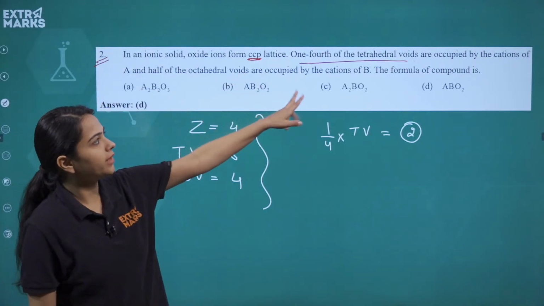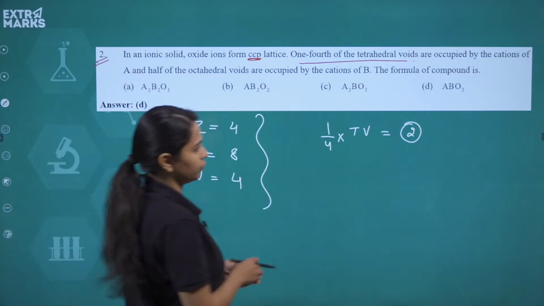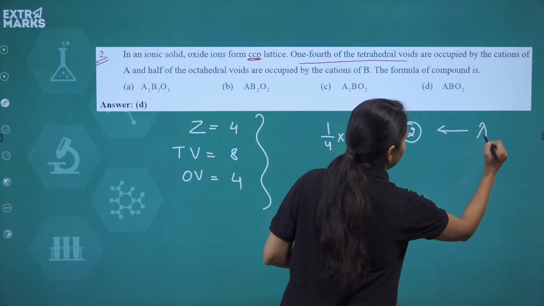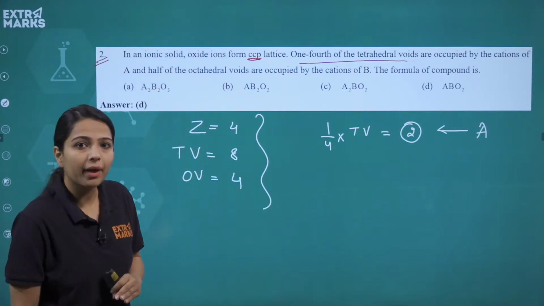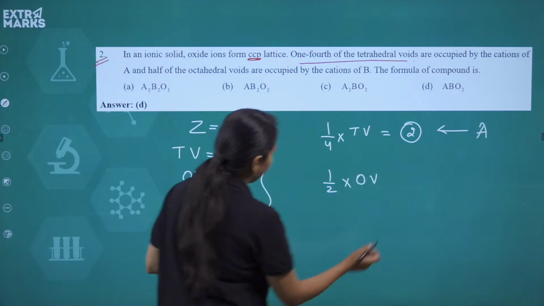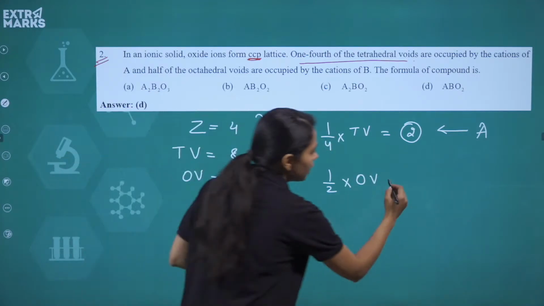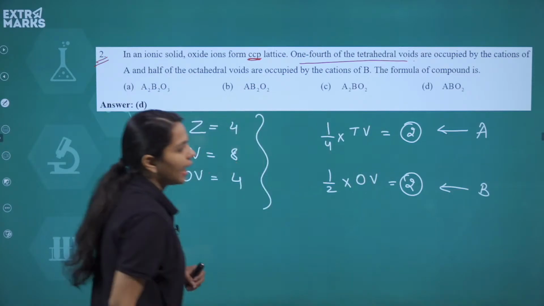So 1/4 of the tetrahedral voids are occupied by the cations of A. So these are occupied by A. And half of the octahedral voids are occupied by B. So half of the octahedral voids are 4, half of 4 is 2 again. So this is occupied by B. And where is oxygen?